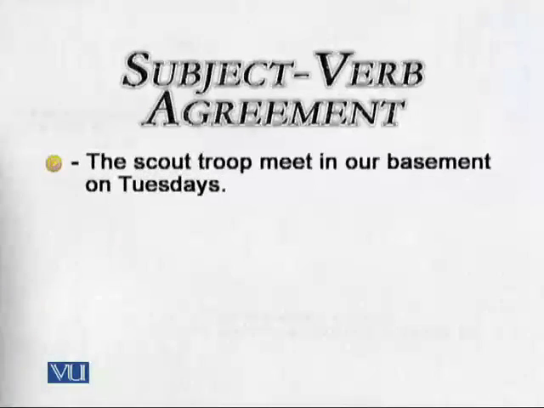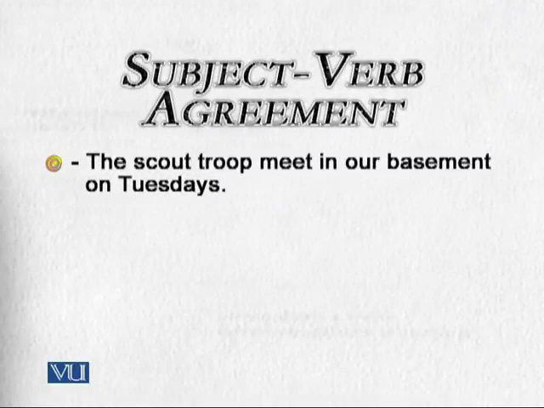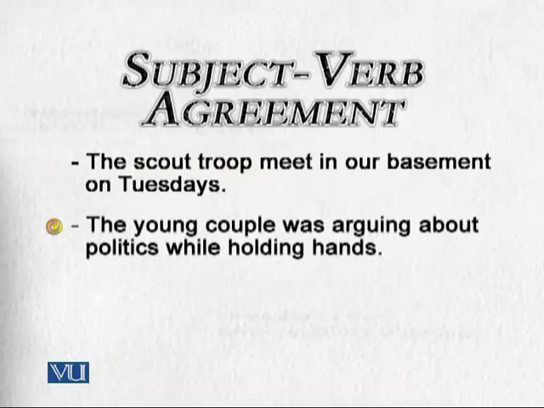Go down to one more example. The scout troop meets in our basement on Tuesdays. So here the scout troop is taken as singular, and the verb has to be singular, meets. And the second sentence, the young couple was arguing about politics while holding hands. Somewhat the same example, not different.